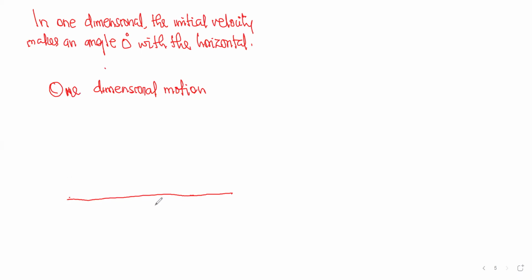In one dimension, if this is the horizontal or the ground, and h is the height above the ground, the body is given an initial velocity, and when hit, its trajectory or path is like this.